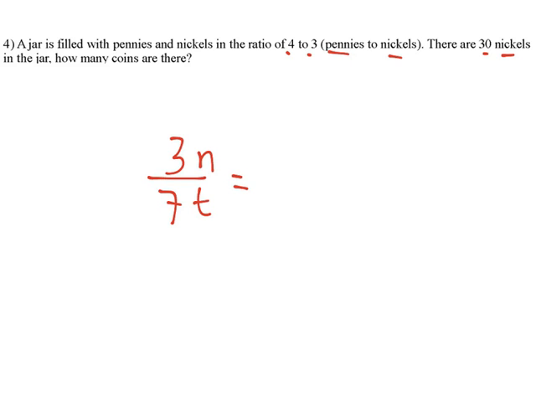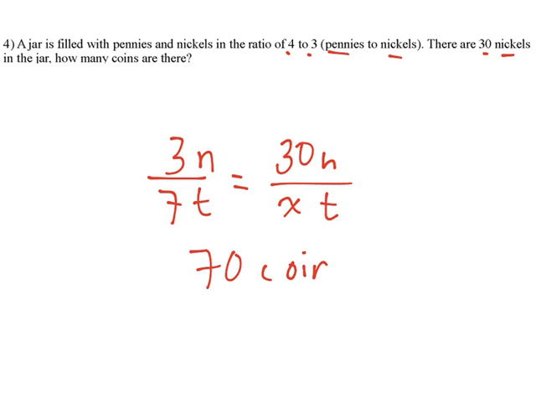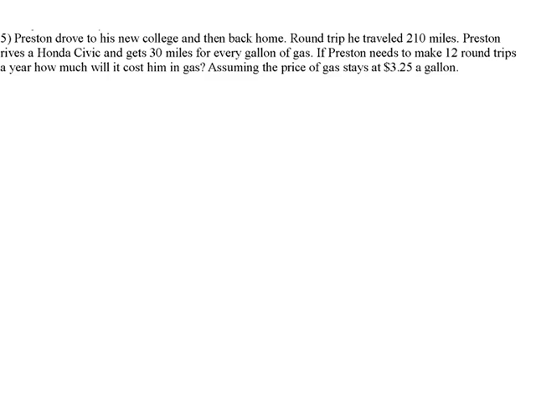Now we know there are 30 nickels, and we want to see how many coins there are total. Cross multiply and divide here, and you will get that there are 70 coins total. X equals 70 coins total.